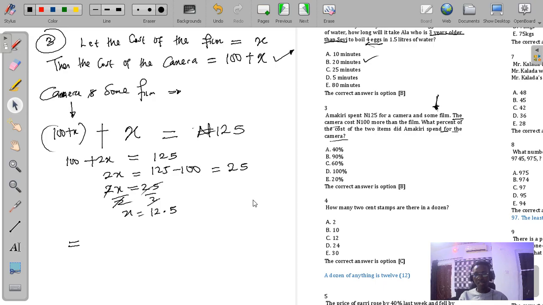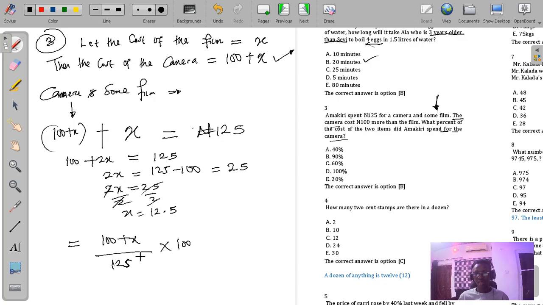One minute more. So for this question here now, we want what percentage of the cost of the two items. So I'm going to take the amount spent for the camera, which is 100 plus x, over the cost of the two items, which is 125, times 100%. So if you try to solve this, you get the correct answer.